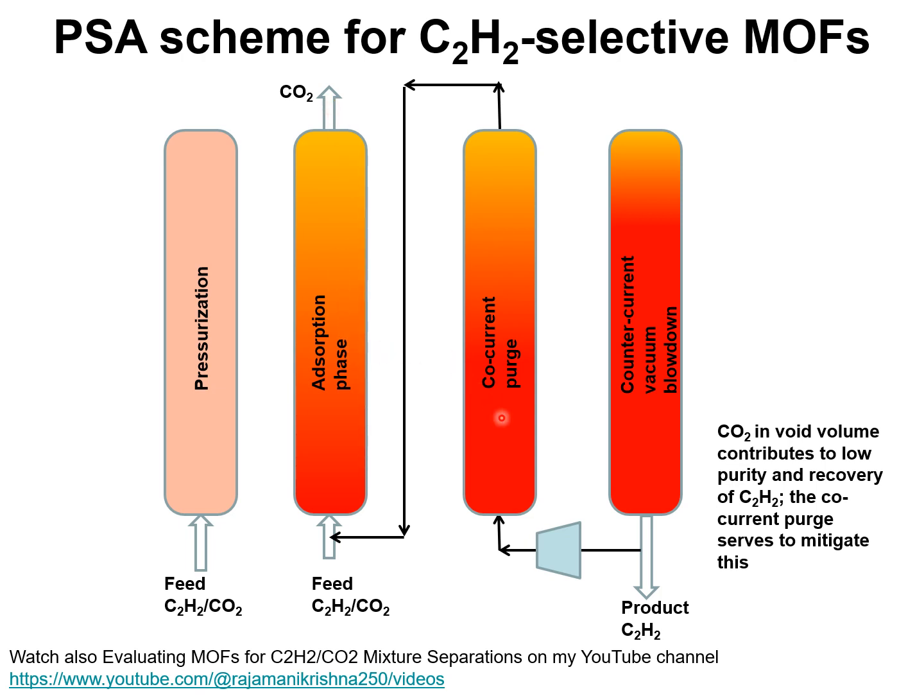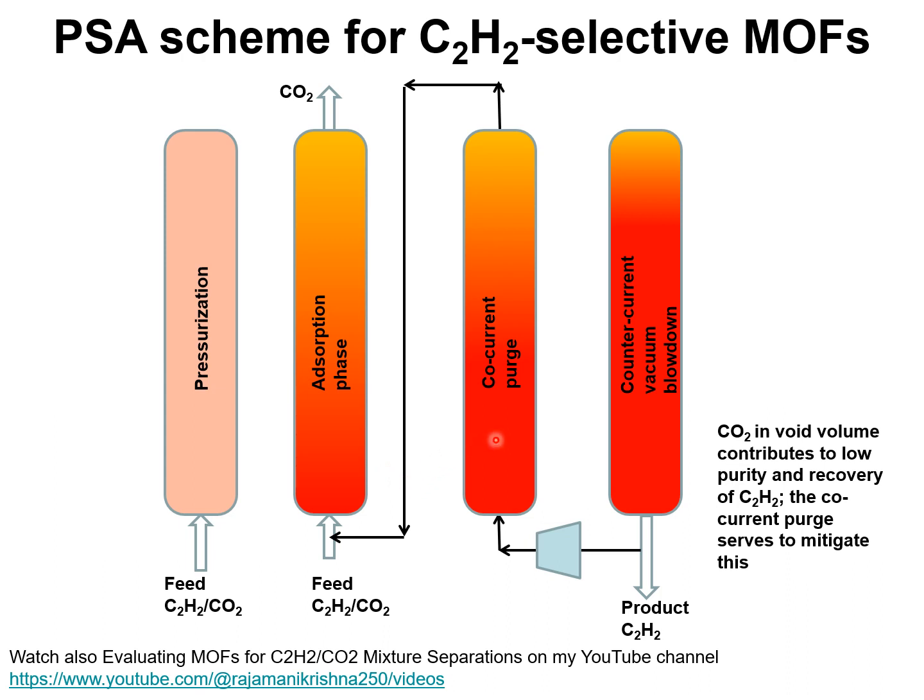This is followed by a co-current purge or co-current rinse step in which a portion of the product C2H2 is used to purge the CO2 that is present within the pores of the adsorbent and within the void spaces. This purged gas is then mixed along with the feed mixture and forms the feed to the adsorption phase.